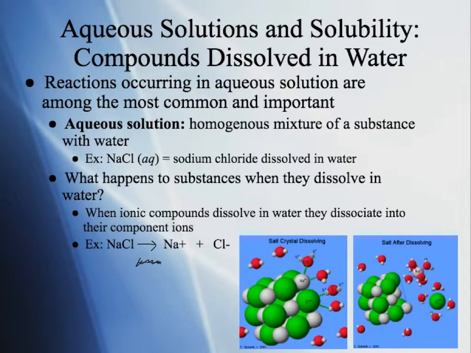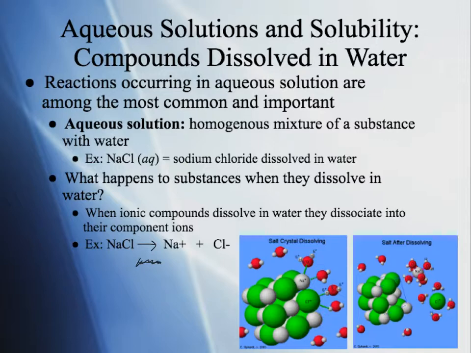In water, the H2O molecule also has positive and negative charges in its molecule, and so they're going to tear the sodium and the chlorine from each other, and that's what we call dissociation.